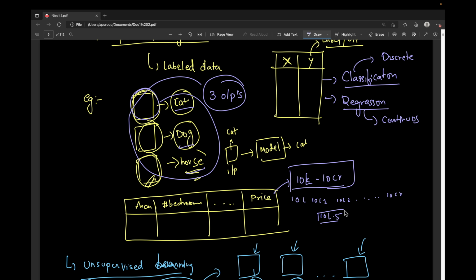So this price might not be there. Like that, you can't write all possible outputs for regression problems. Whereas in classification, however many there are, you can clearly write down all possible outputs. So that is the difference between classification and regression.